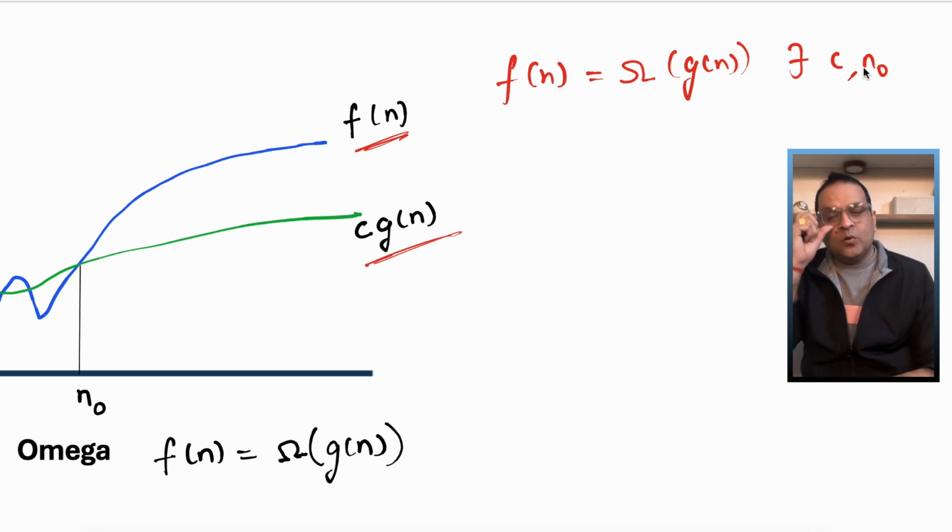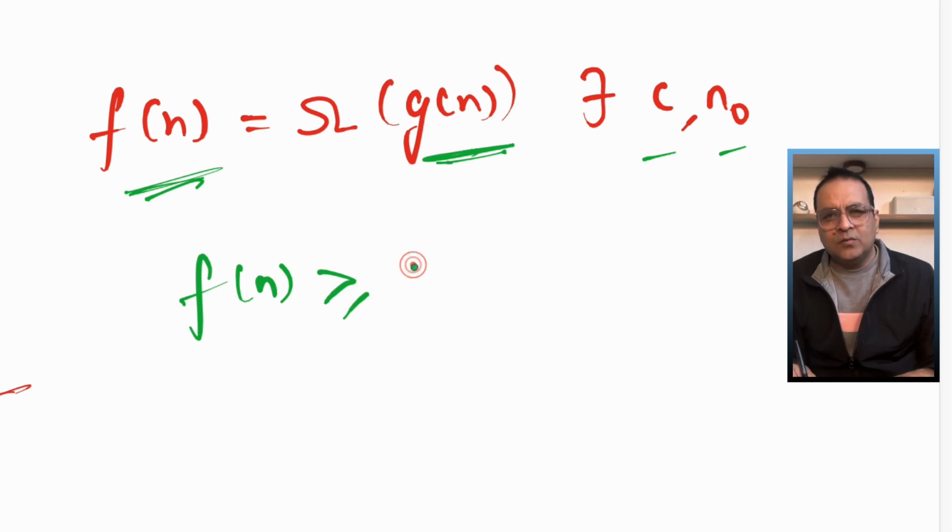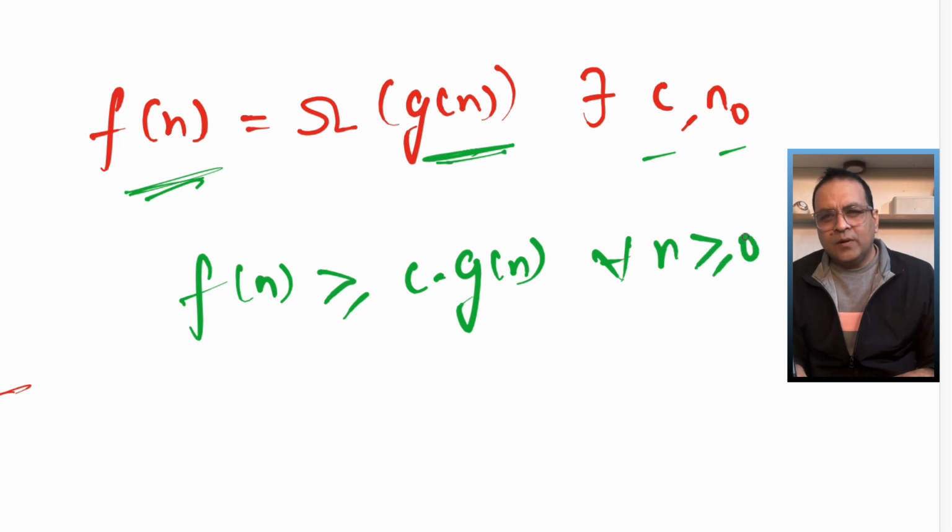And when I'm saying two constants, I mean two positive constants only. So f(n) is omega of g(n) if there exist two constants c and n0, such that f(n) is always greater than or equal to c g(n) for all the values of n greater than or equal to n0.